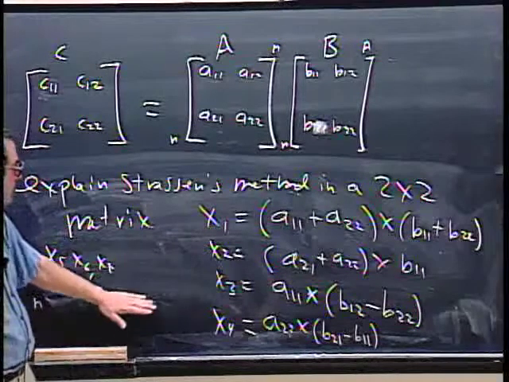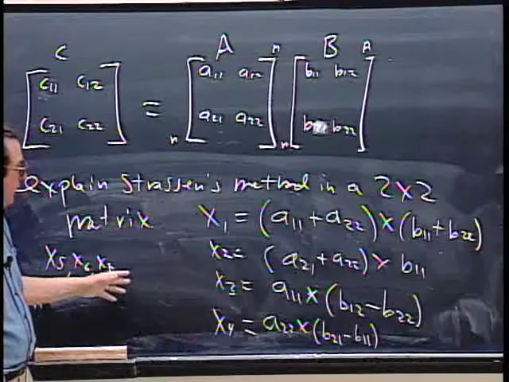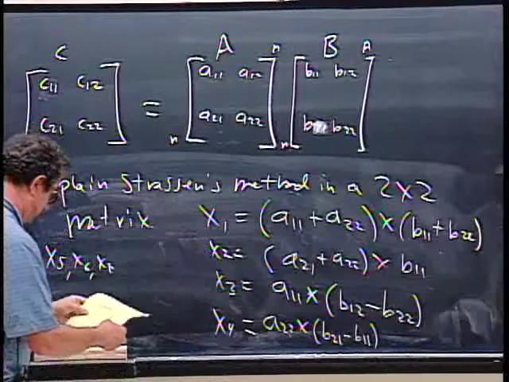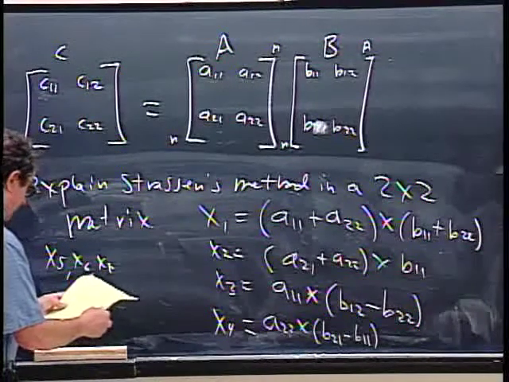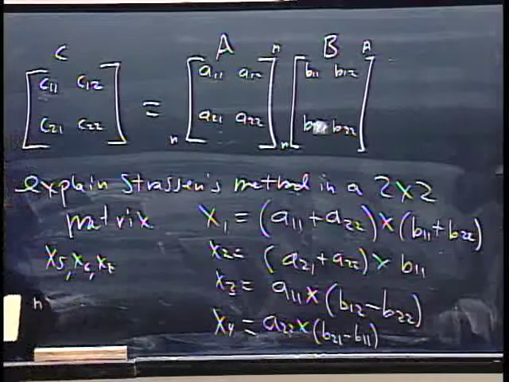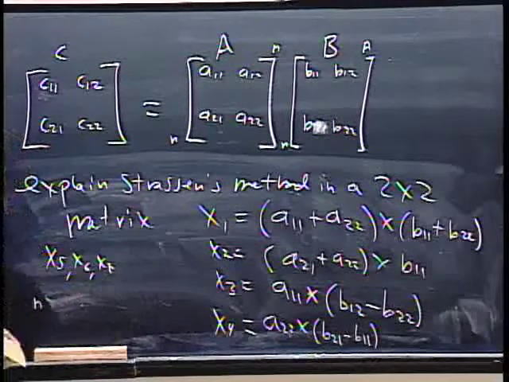So at the beginning of Strassen's method, you just compute these 7 X values, each of which involves a single multiplication.